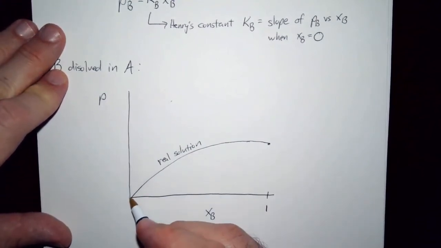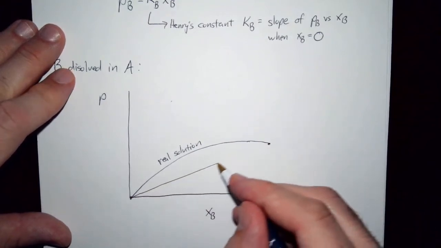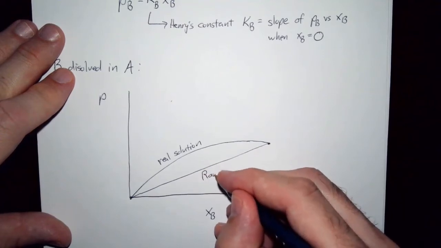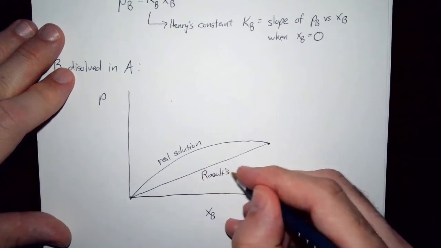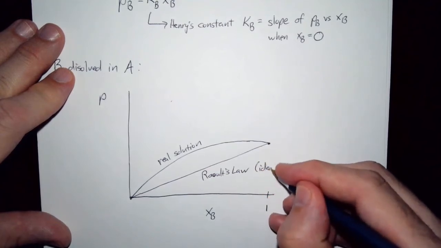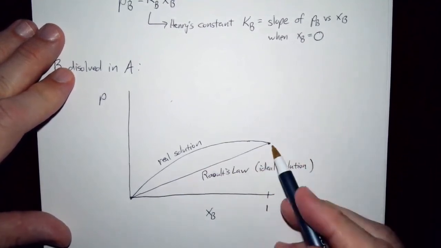So if I take the endpoints of this line and connect them with a straight line, that is Raoult's law's prediction. That's what we call an ideal solution. So you see that this solution is not ideal, it doesn't follow this line.